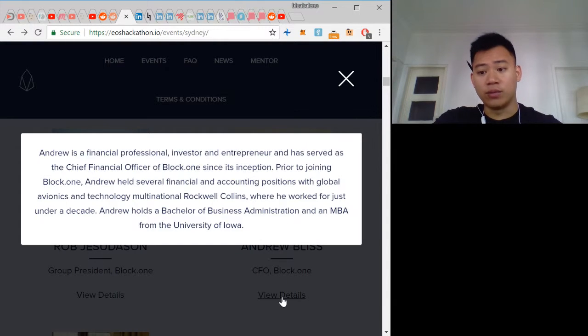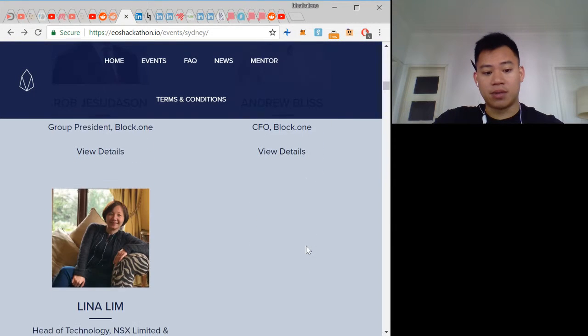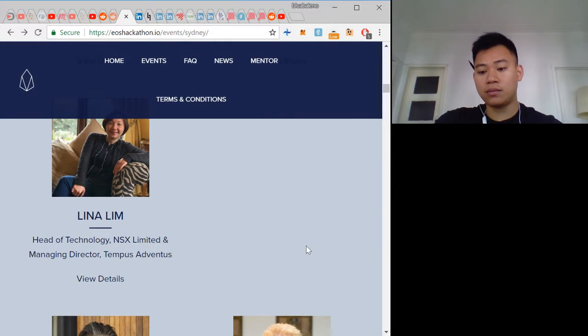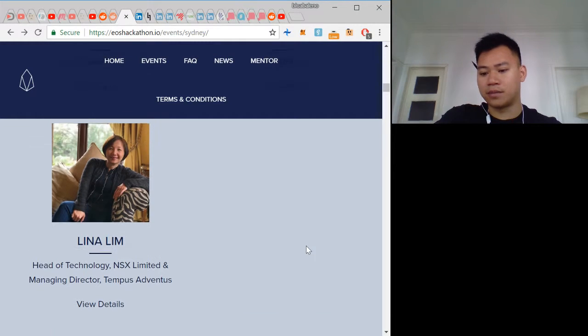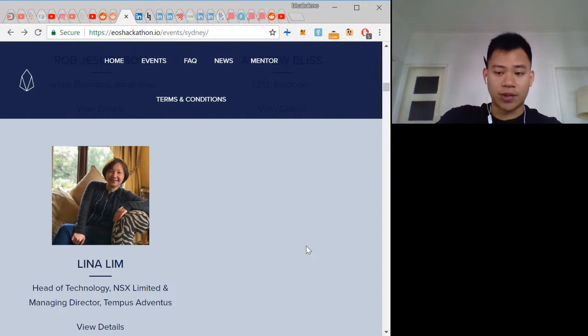We already have Brendan Bloomer and Dan Larimer on the judging panel, so if they add Rob and Andrew, that'd be four individuals related to Block.one. That might be a little too much. We haven't seen anyone who was on the panel and then was not, because they think it might be too many Block.one individuals. So we'll see.